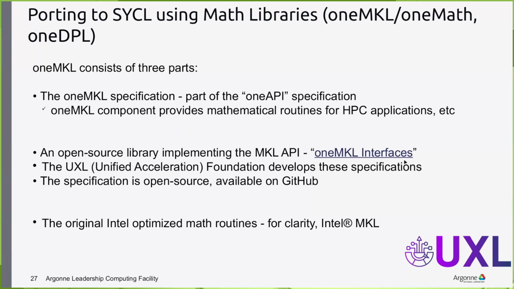Again, this is based on the same MKL API, but it is open source, targeting NVIDIA and AMD GPUs. So if you're developing code for Aurora, you could just test it on any of your machines, like ALCF Polaris or your cluster, to verify that the code is working and deploy it to Aurora. That's the advantage of having an open source project.